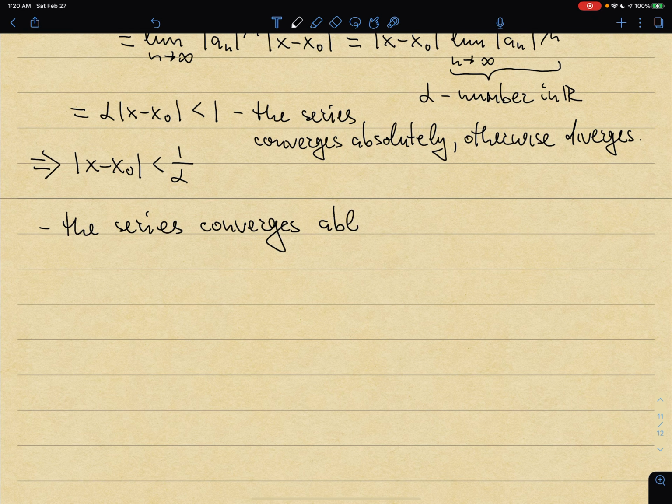And otherwise it does not converge, except possibly in the situation when |x - x0| is equal to 1 over alpha. But again, this will be looked at separately.